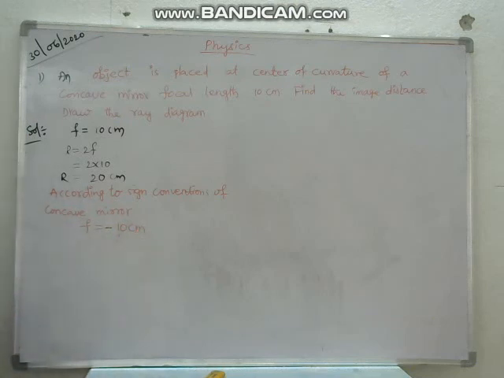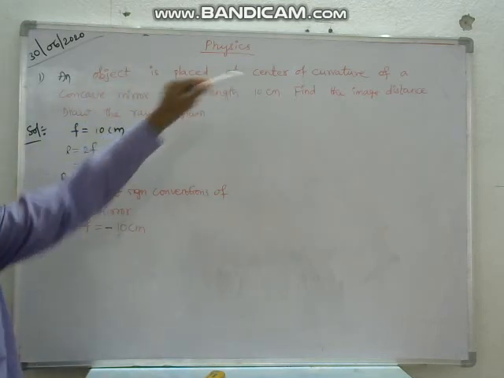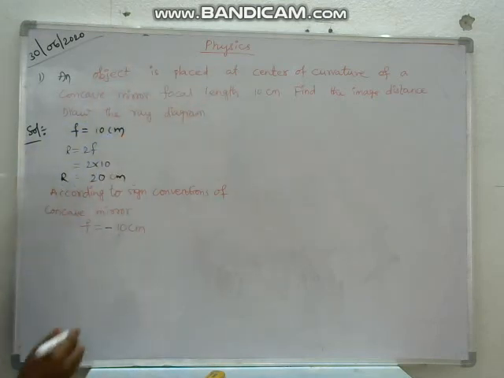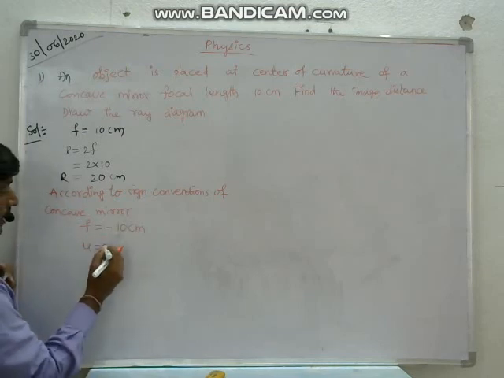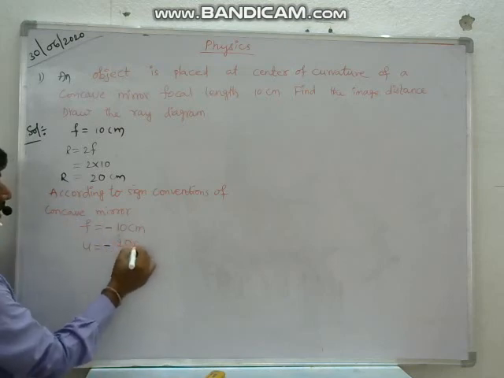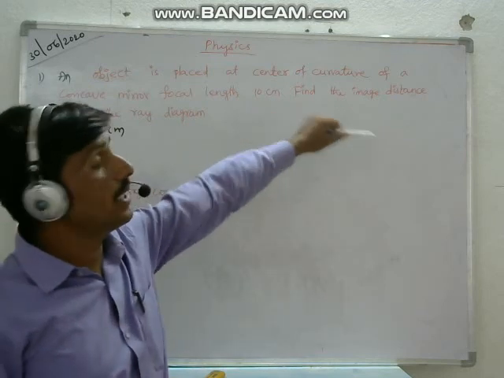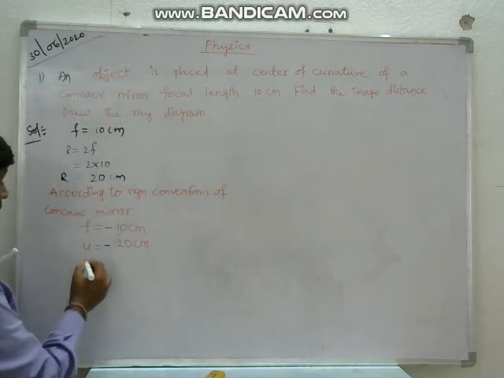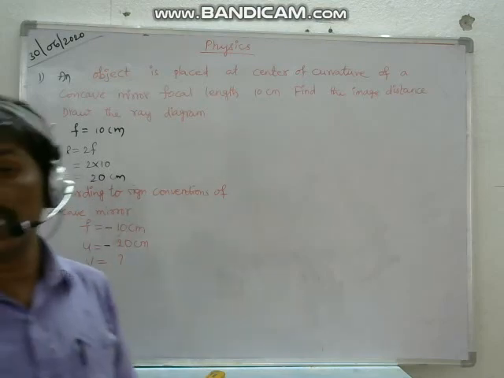And the object distance: as per the given data the object is placed at the center of curvature, which is 20 centimeter. According to the sign convention u is negative, so u is minus 20 centimeter. Then what we have to find? We have to find the image distance.